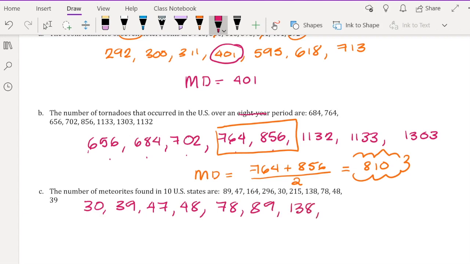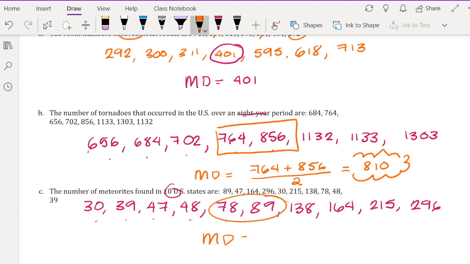For me, it's usually when I'm teaching. Okay, so I have 10. That's an even number of values. So I need to find the two middle data points. 3, 4, 5. So it's going to be these two. To find the median, that would be 78 plus 89 divided by 2. And that is 83.5.